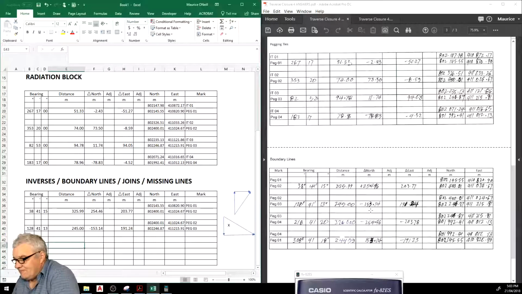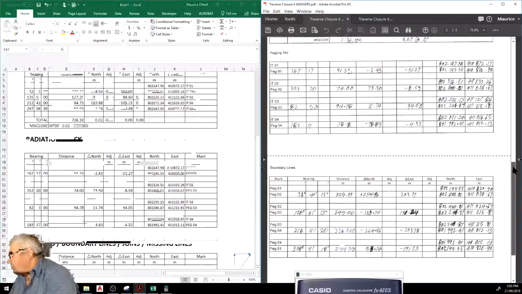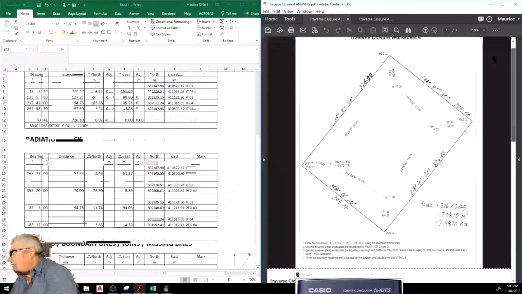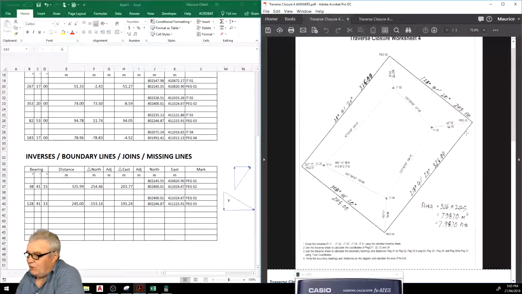So that's my calculation there. And then I'll just go up to here on the diagram. And yes, 128, 41, 20. So I've just rounded it to the nearest 20. Oh, is that right? Oh, I don't know. Well, 41 10 or 41 20 probably doesn't matter.